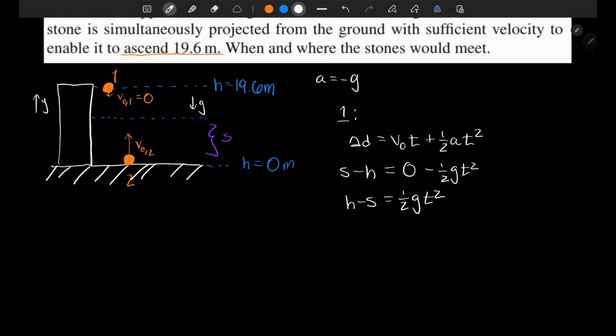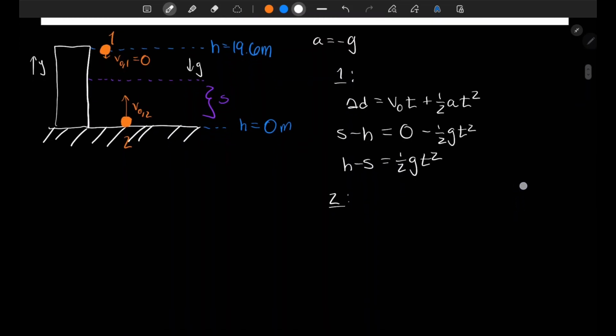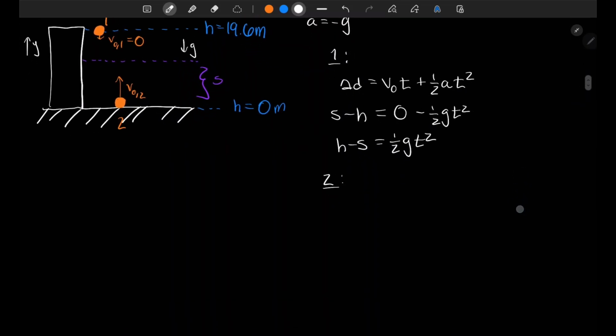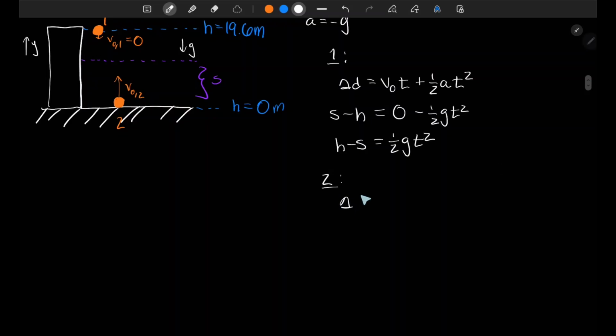Then we can find a similar equation for ball 2, or stone 2, whatever. Here, we start with the same initial formula, delta d is equal to v naught t plus 1/2 a t squared.